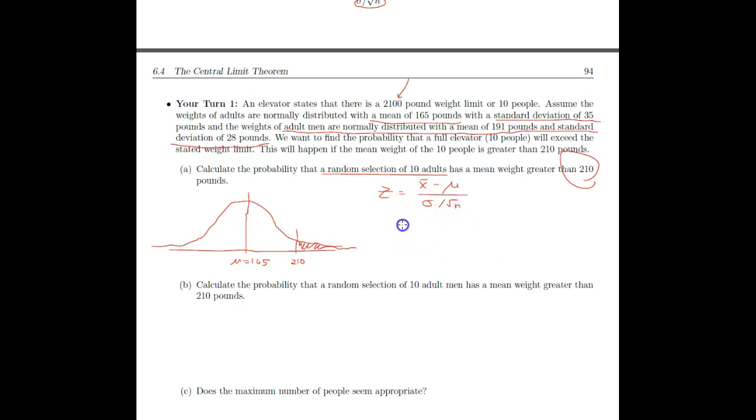Cool. So let's calculate this baby. X bar is 210. The mean is 165. Divided by the standard deviation, which is 35 over square root of 10.